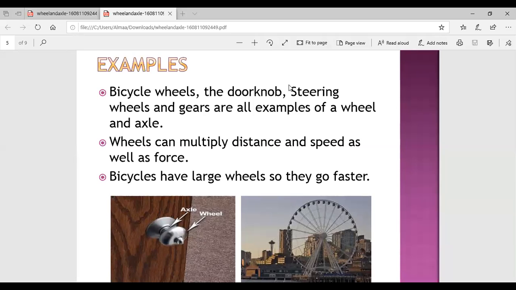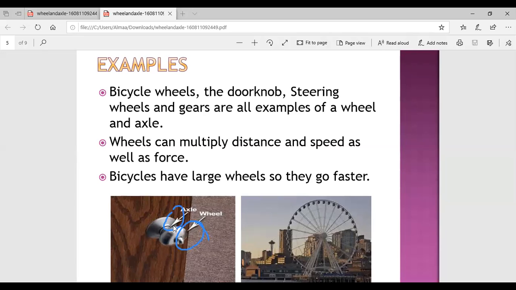Okay, think about the doorknob. Here you have wheel, and here you have the axle. And the axle and wheel allow the doorknob to work. So you can just open it or close it when you want.